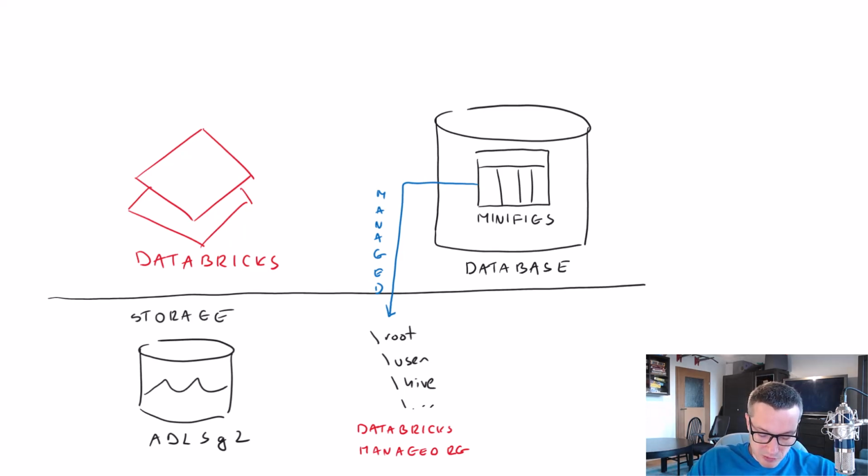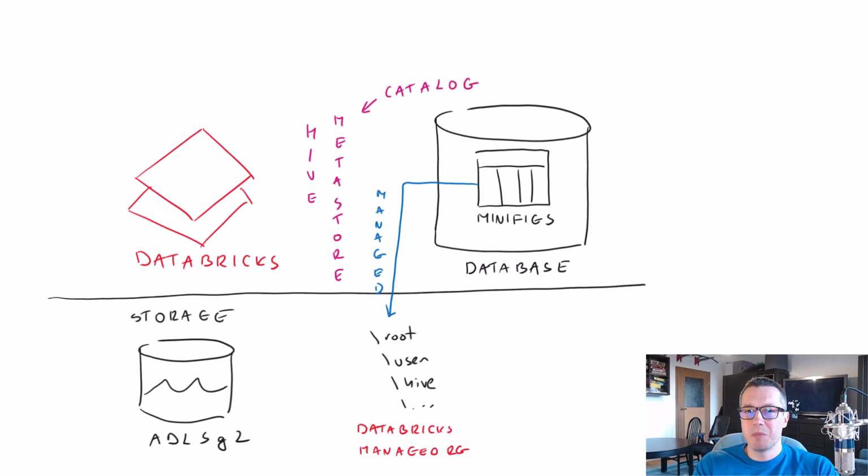And actually, it was stored in something called Hive Metastore. So let me write it down: Hive Metastore. This is our catalog. It is just a catalog of our data. It contains only metadata about our data, definition and location. But the actual data is stored separately on a data lake.